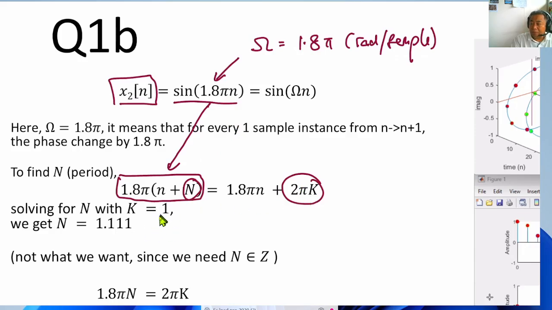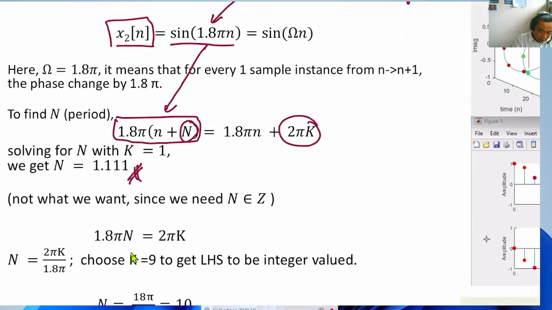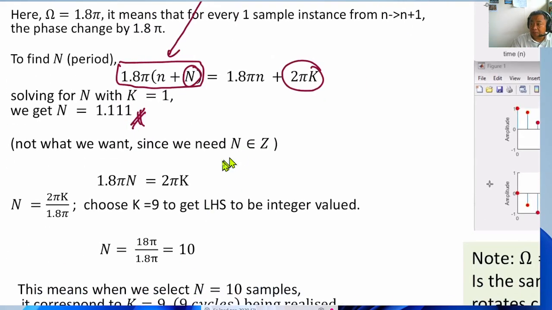When we substitute k equals to 1 and solve for N, we get an irrational number. What we need is for capital N to be an integer. So we will manipulate this expression. We can ignore this 1.8 pi, and N is equal to 2 pi K divided by 1.8 pi.